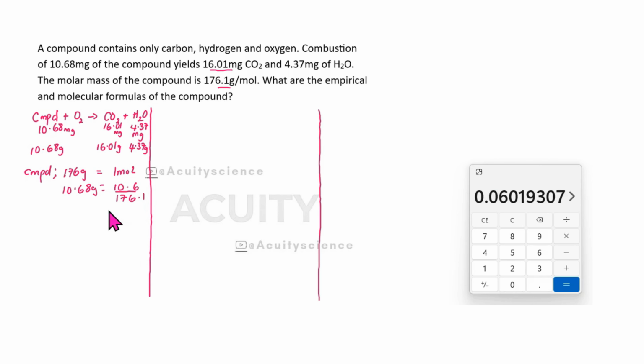So we have 0.06 mole, and 0.06 mole was actually what reacted here.